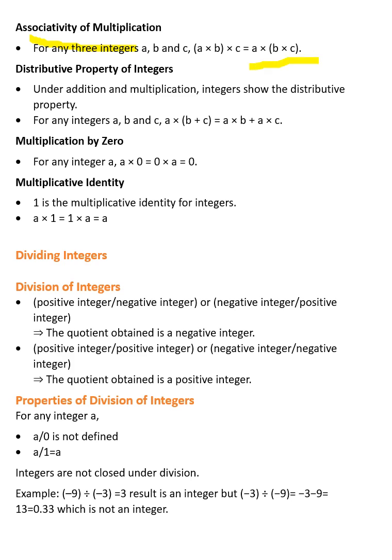Distributive property of integers. Under addition and multiplication, integers show the distributive property. For any integers a, b and c, when we do a multiplied by (b plus c), or a multiplied by b plus a multiplied by c, we will get the same answer. If we break the number into two different numbers, we will get the same answer.